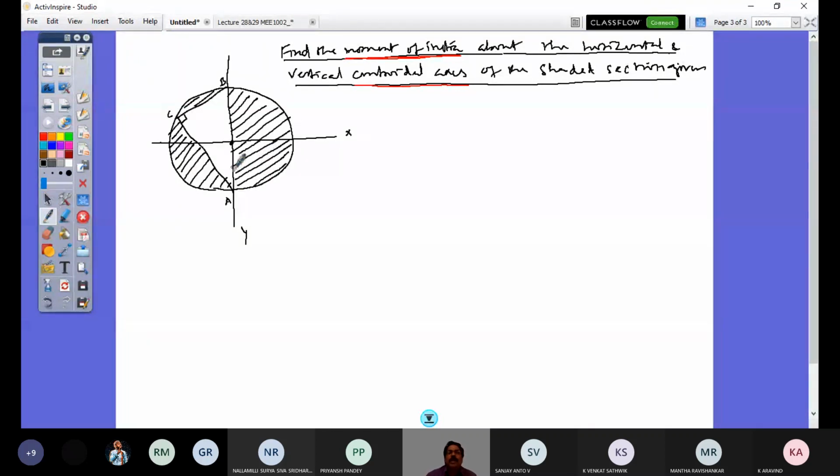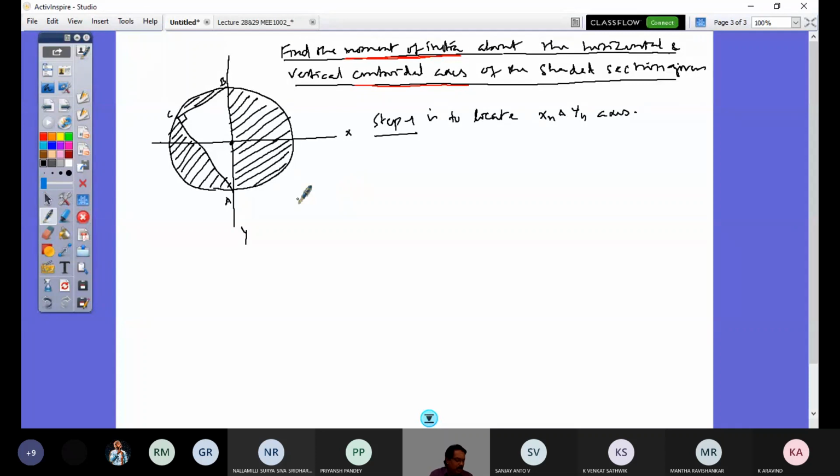So first I have to get my centroid. So step one is to locate the xg and yg axis. So how do I do so? I have to find out my x bar and y bar. So how do I find my x bar and y bar? I have to take first moment about this axis set.